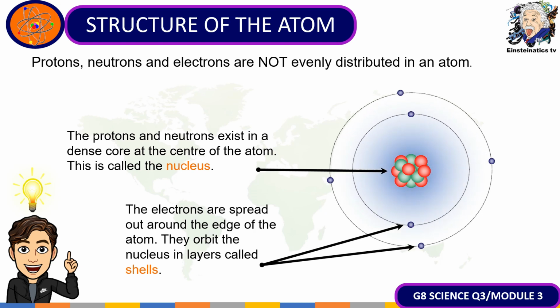Whereas electrons, on the other hand, are spread throughout the edge of the atom. So sila yung umiikot sa paligid ng nucleus. And these layers na iniikutan nila, yung tinatawag na orbit, these are called as shells.